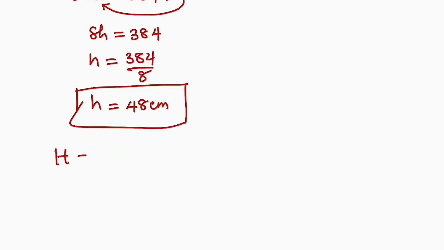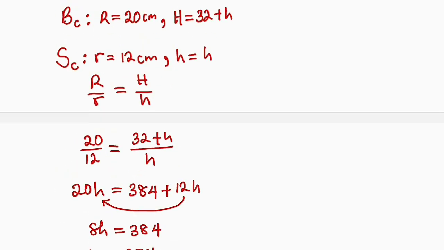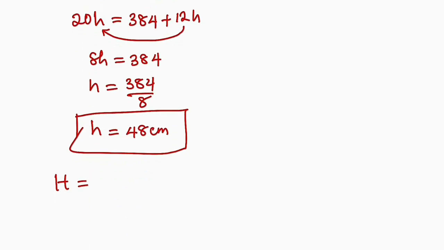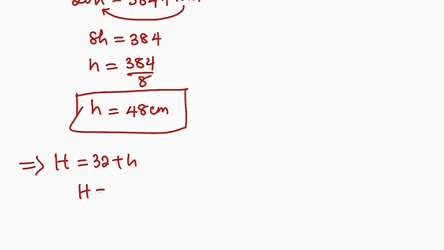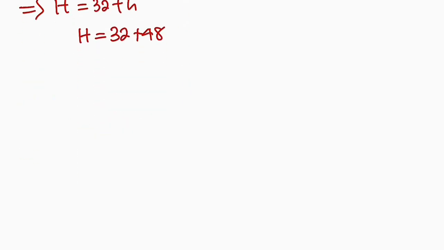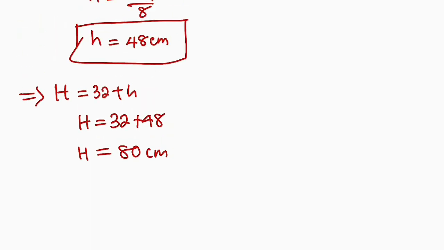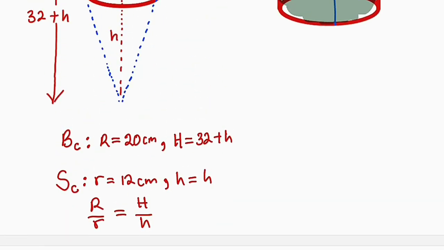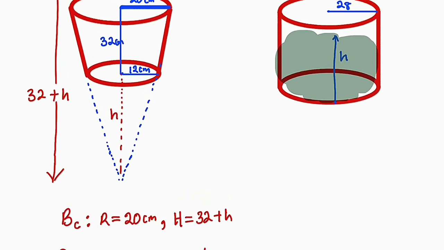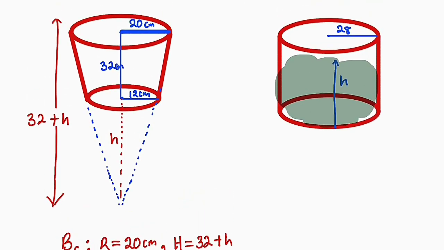Therefore, capital H, which is 32 plus h, is now 32 plus 48, which gives us 80 cm. Therefore, capital H is 80 cm. So now let us go ahead and find the volume of the bigger cone as well as the smaller cone. We are coming back to this one, don't forget.